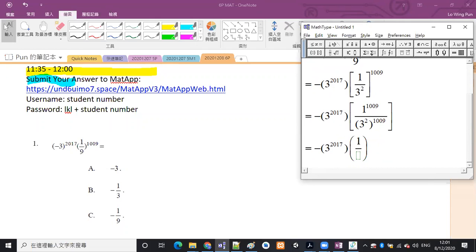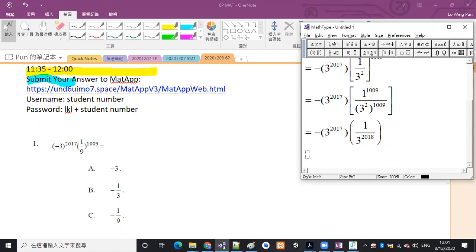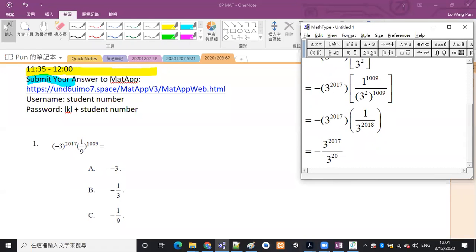For power of power, you just multiply the powers together, so it becomes 3 to the power 2018. A number multiplied to a fraction is multiplied to the top part of the fraction, and the negative sign is kept unchanged. So this will be 3 to the power 2017 over 3 to the power 2018.